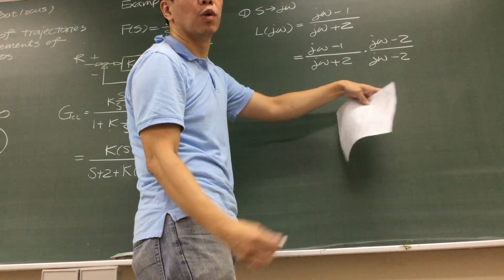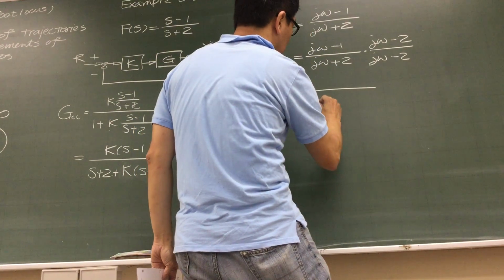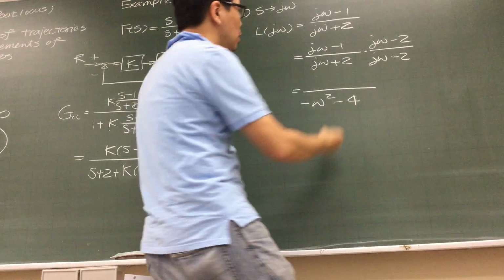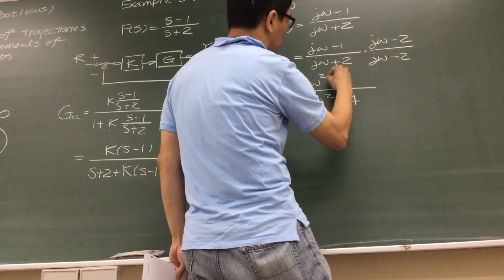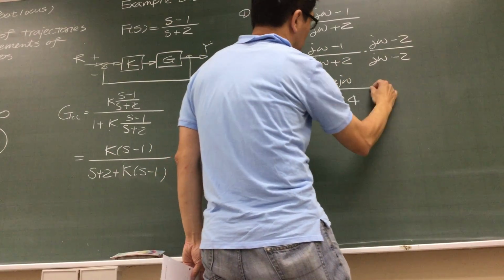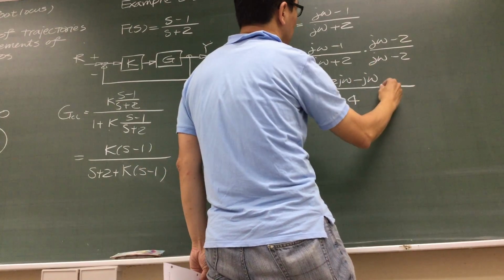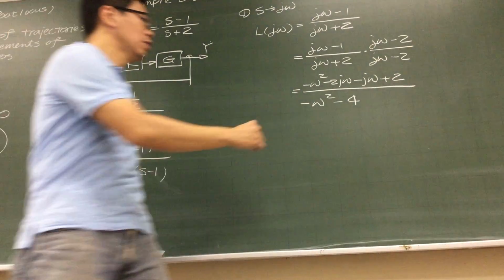So this part over here is what? 1. When we do that, it becomes this, and over here it becomes this, right?